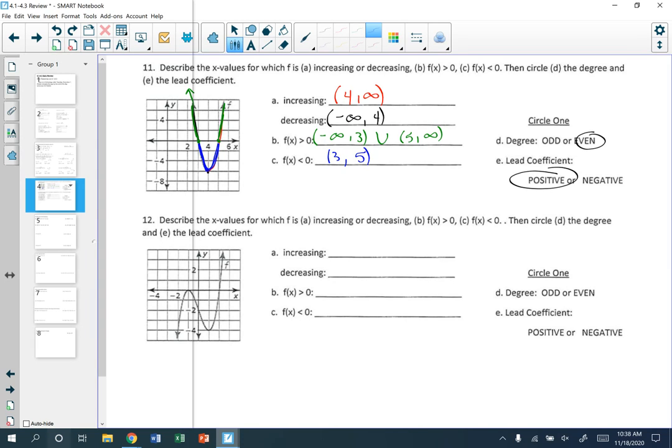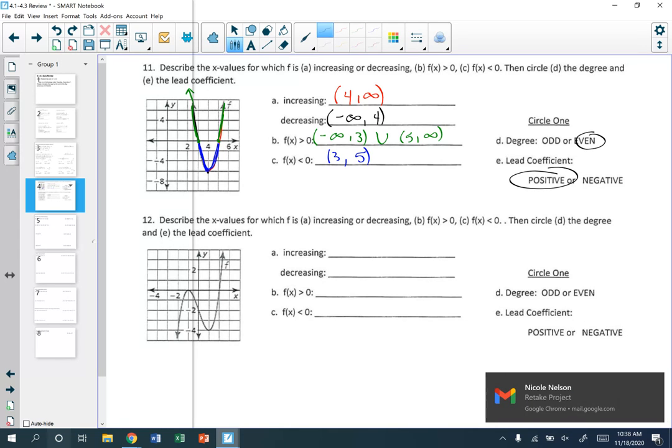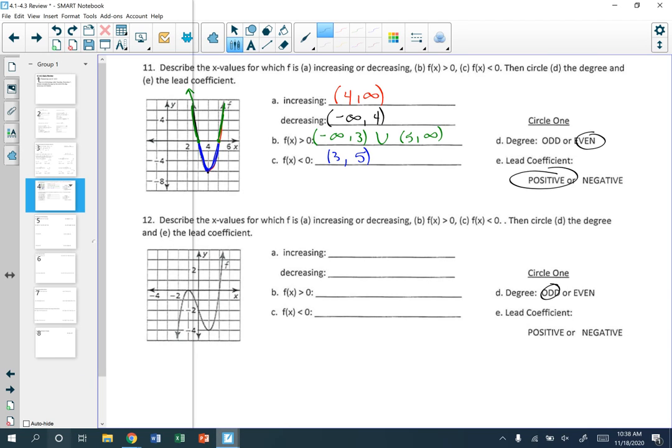Okay, so same concept for number 12. I'm again going to start right here with the degree and end behavior. I know my degree is going to be odd because my end behavior is opposite. And my leading coefficient is going to be positive because it's ending going up. Okay, so where is this graph increasing? It is increasing.